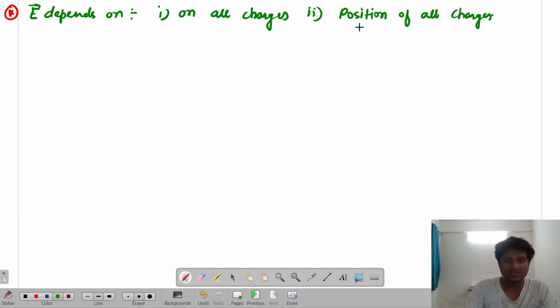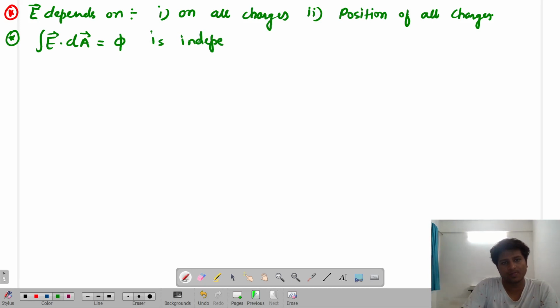So E depends on the charges and position of all charges, but integral E dot dA, which is my flux, is independent of outer charges and position of charges.